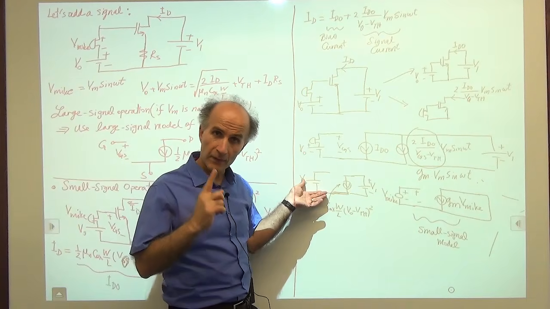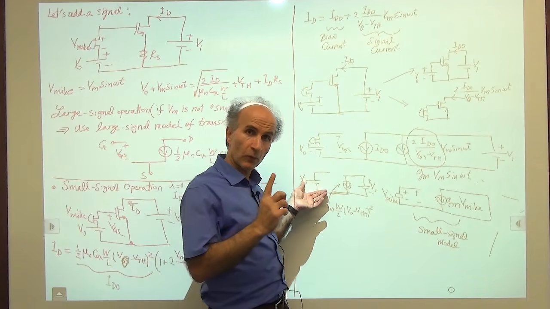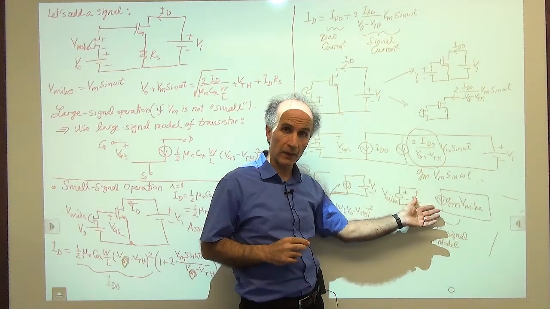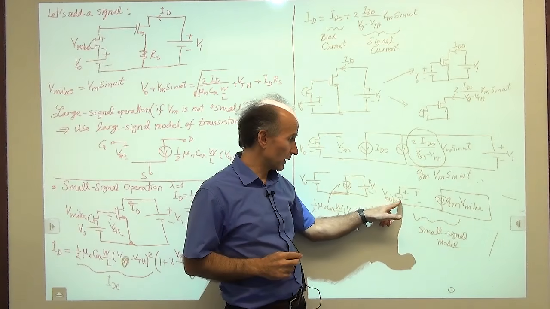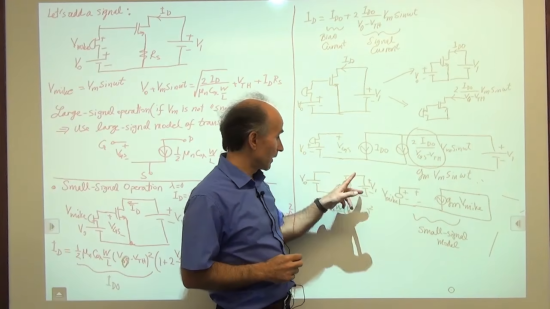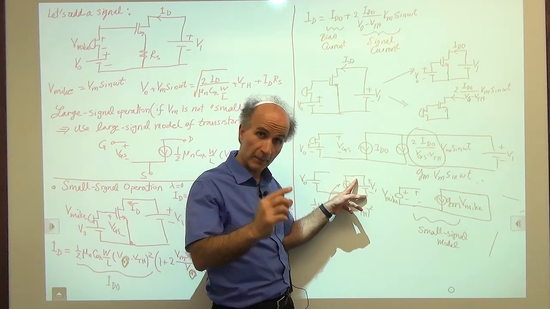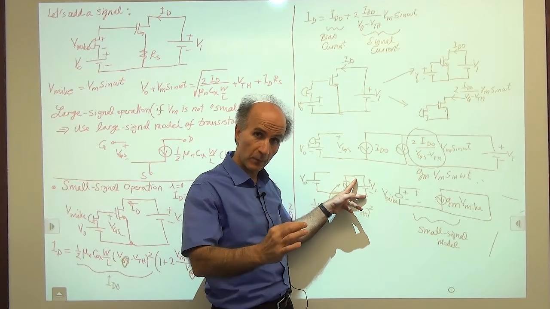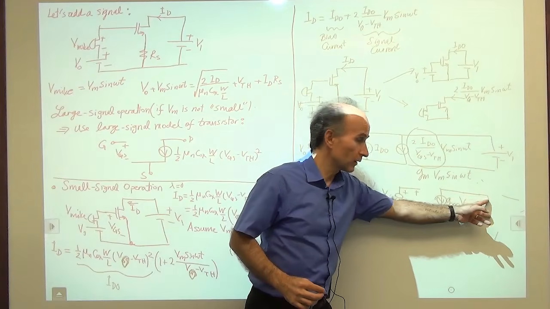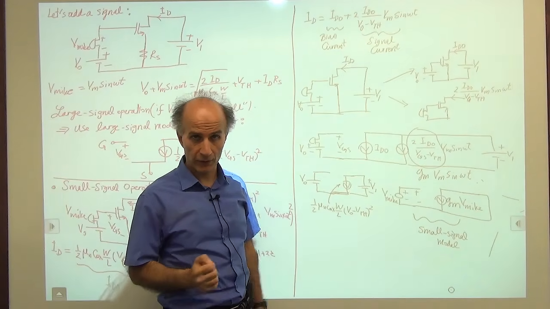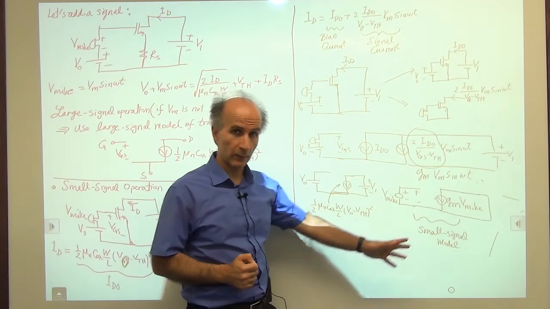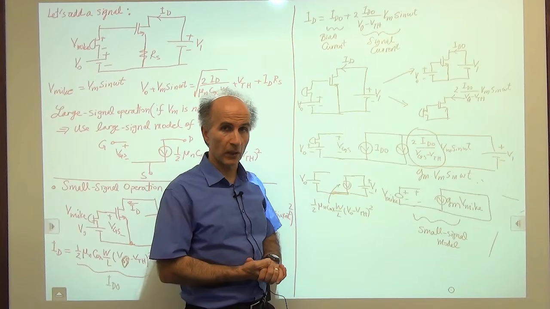Its change with time is zero. Because we are looking for only time varying components, it's not here anymore. This voltage represents a constant value. Because its change with time is zero, it has zero value here. It becomes a short circuit. So this is what we call the small signal model.